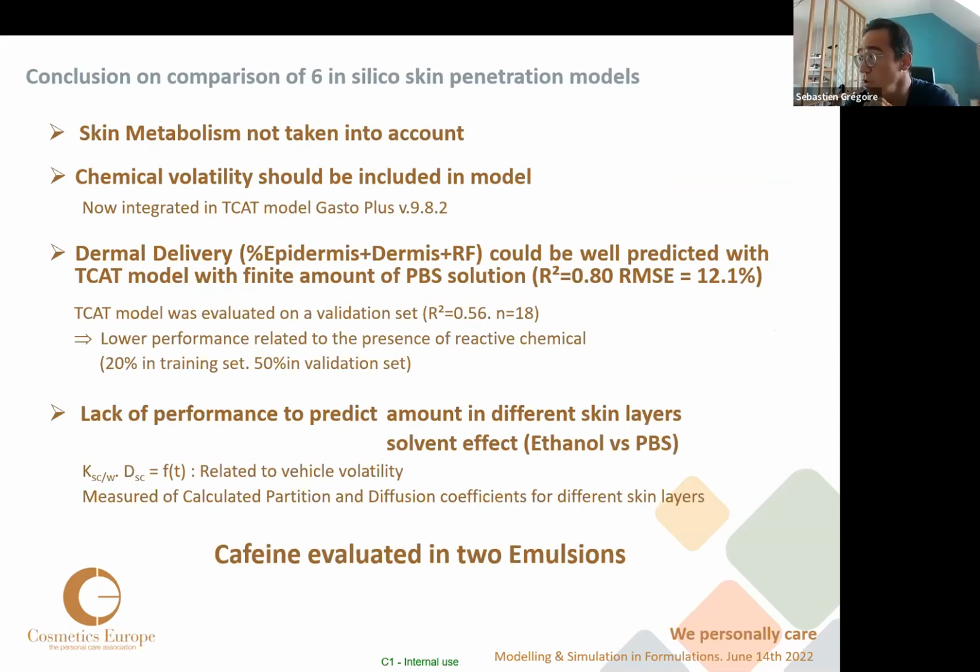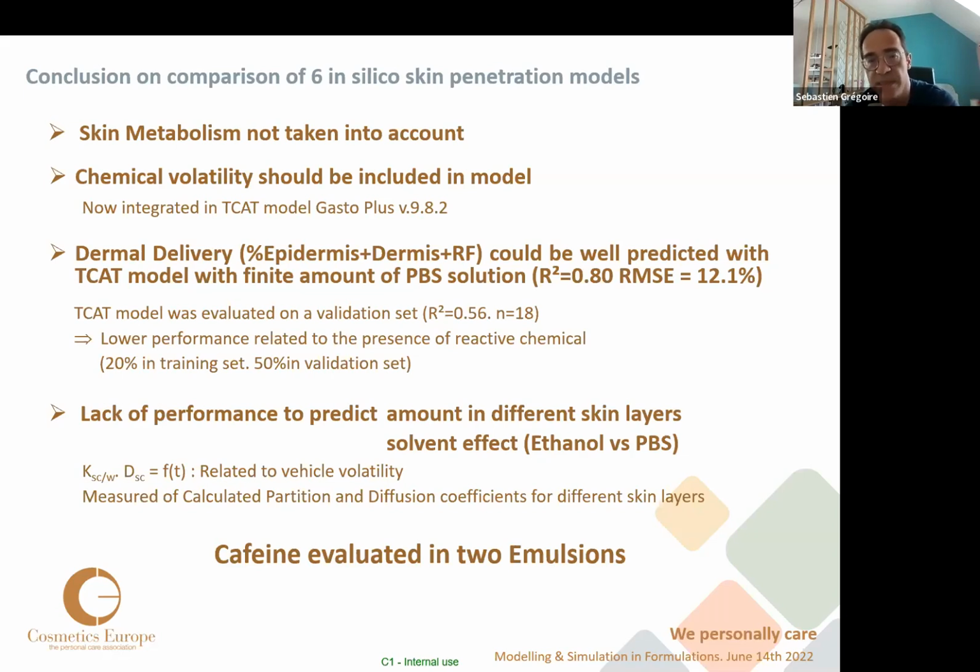I just remind the conclusion of this first evaluation. First of all, the skin metabolism was not taken into account in this study. The chemical volatility should be considered in the model, and now it's integrated in the TCAT model. The dermal delivery, meaning the amount in the viable part of the skin, is more or less well predicted only for a PBS solution. And the other thing is that we have a subset of 25 other chemicals.